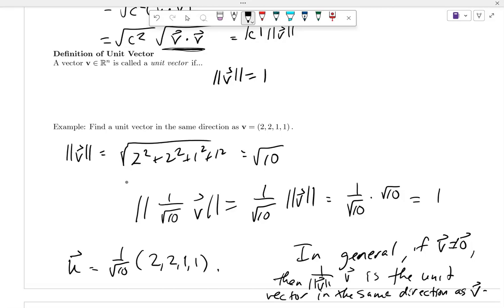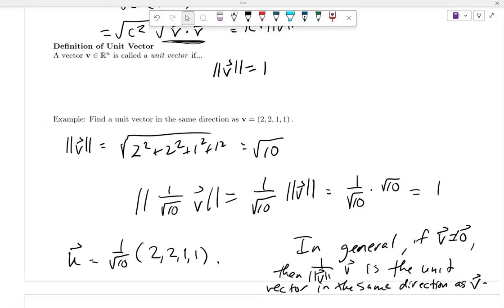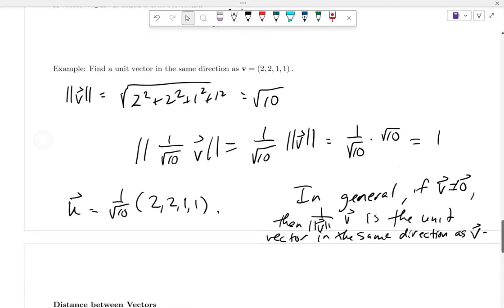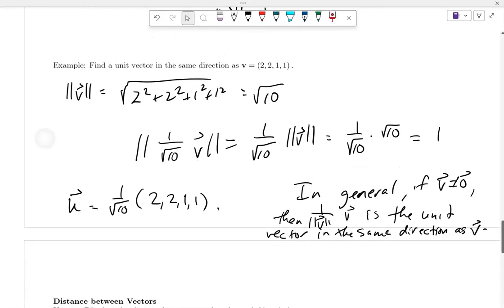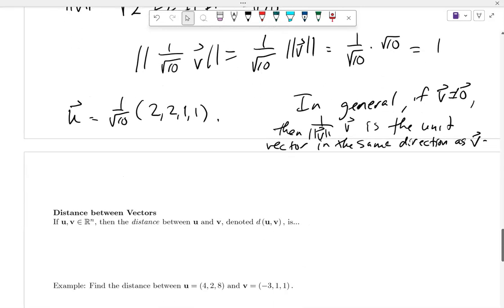If you wanted the unit vector that's in the opposite direction, you would put a negative in front. Questions on that one? Is that okay? Not too bad? All right.